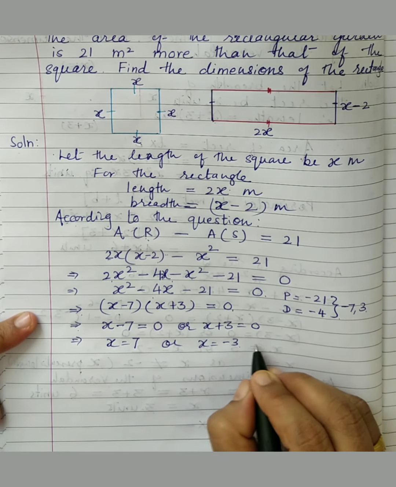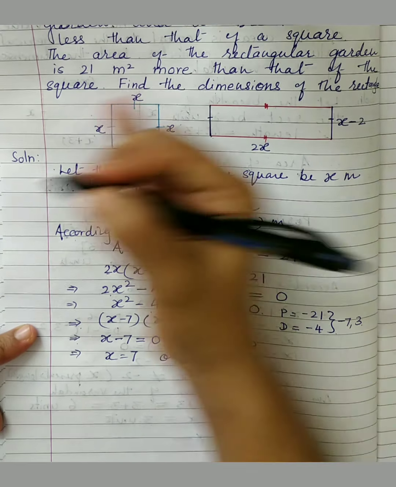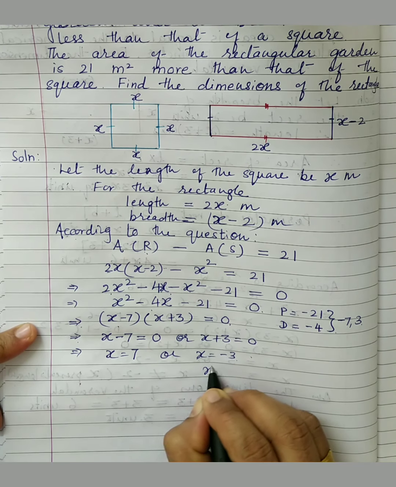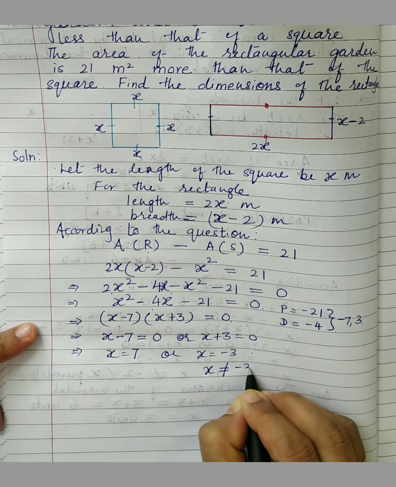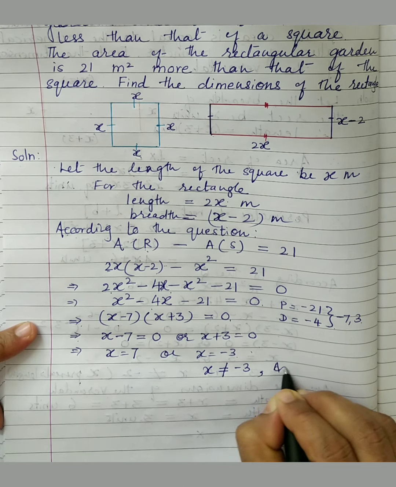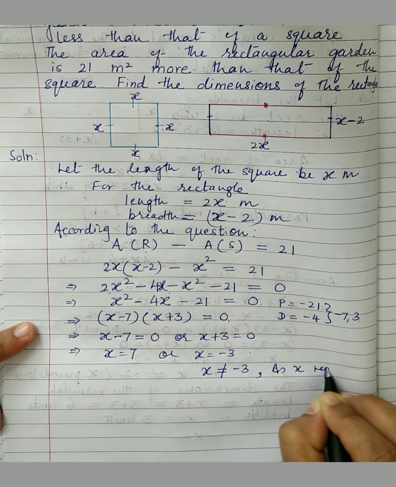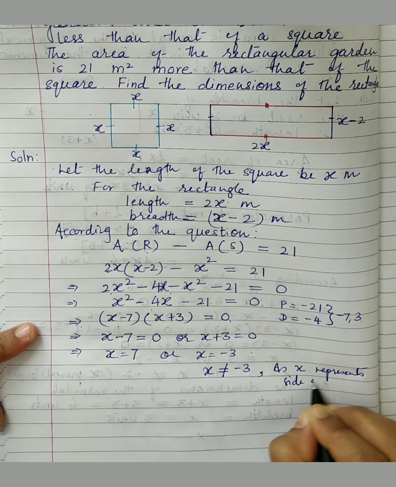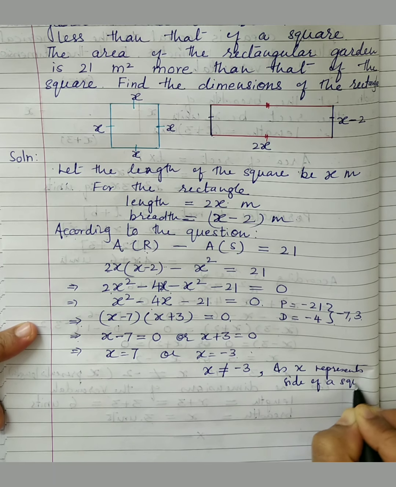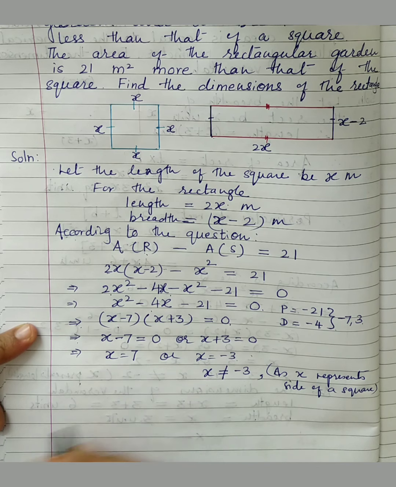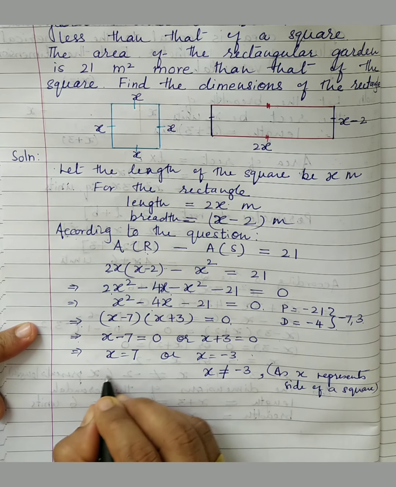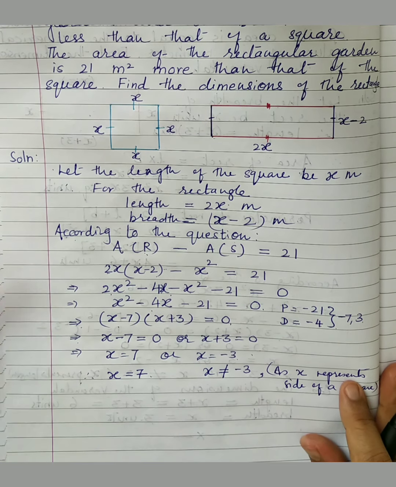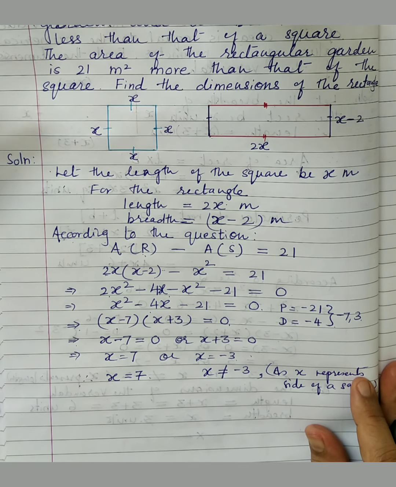Now you know very well x cannot be negative, as x represents the side of a square, and the further dimensions are also in terms of x. You can simply write it is a length also. Therefore x equals 7.